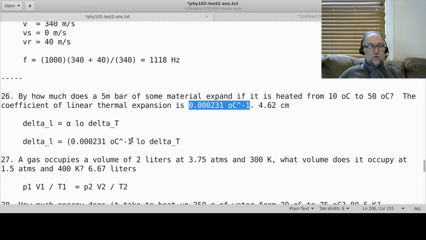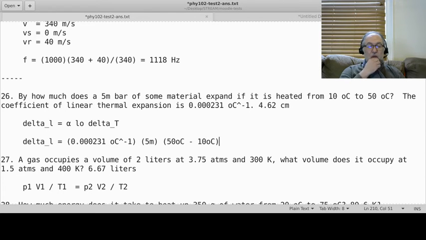So there's your coefficient. And L0 is the original length of the bar, which I told you was 5 meters. And your delta T, that's your high minus the low temperature, 50 degrees Celsius minus 10 degrees Celsius.